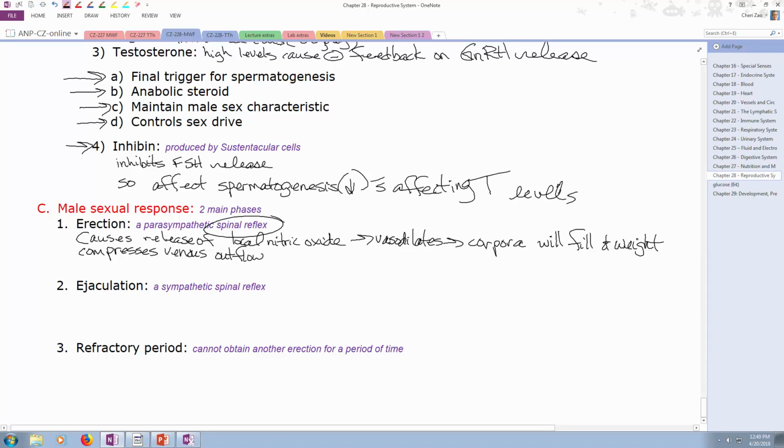So kind of like a pseudo tourniquet. So this is an unusual example of parasympathetic control of vascular BVs.